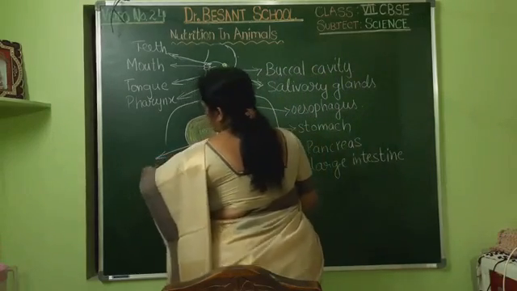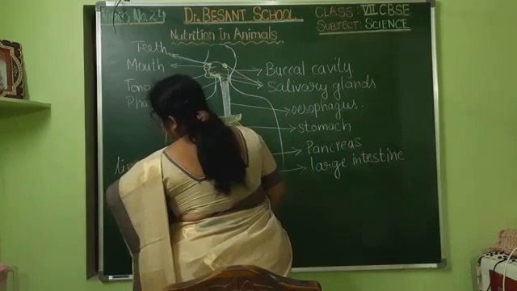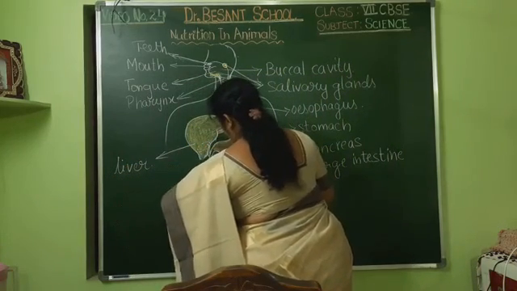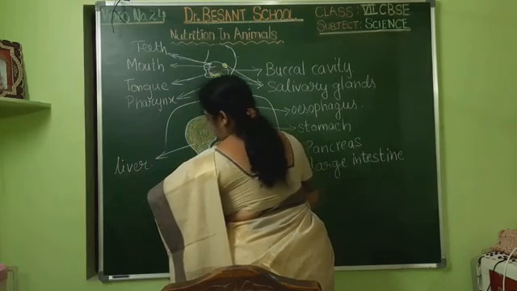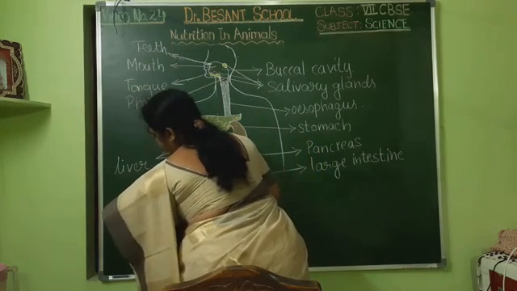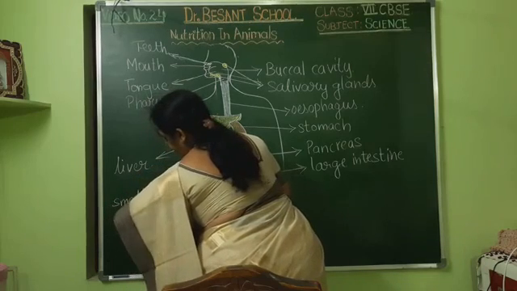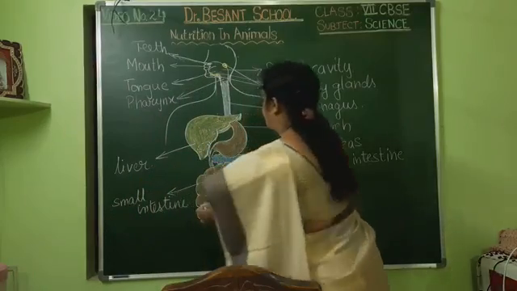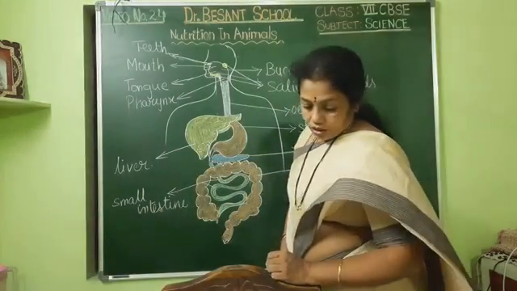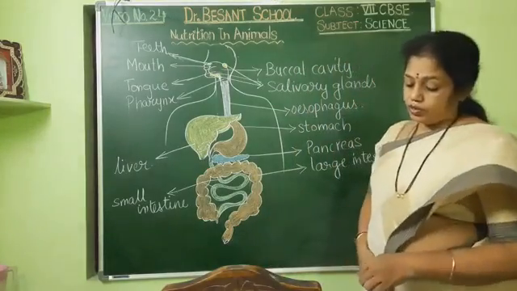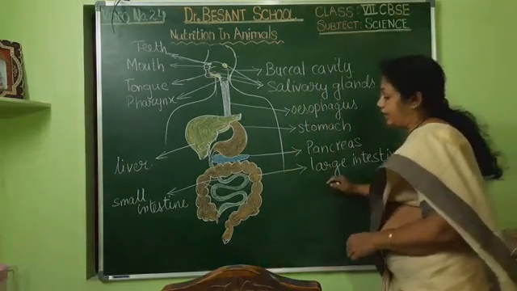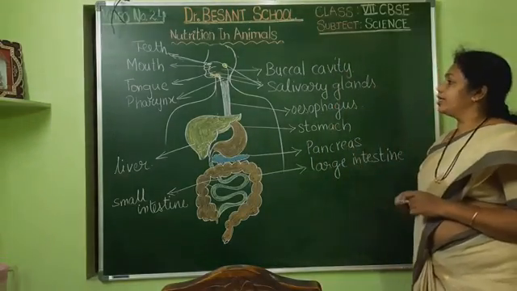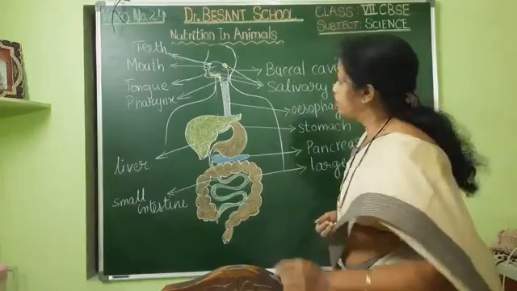This is the liver. This is, sorry, small intestine. So, this is the human digestive system. I have simplified the diagram. First draw this diagram clearly, then we shall go to the next part.